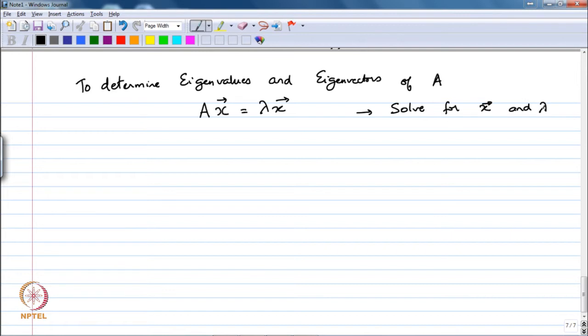So, with this one equation you want to solve for lambda and x. Okay. Now, let us say in 3D space. Okay. So, x has 3 components and lambda is a scalar.